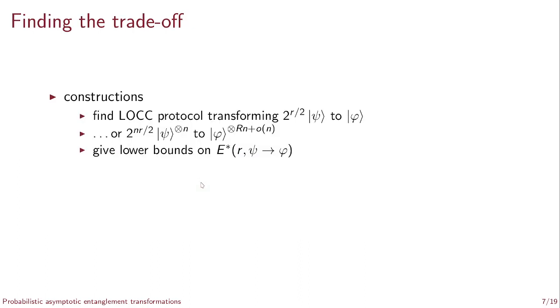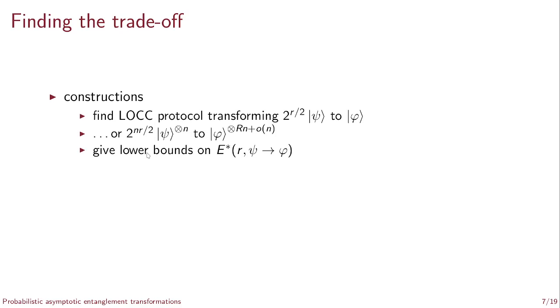So how does one find such a trade-off? There are naturally two ways to attack this problem. One of them is to find constructions, that is LOCC protocols transforming psi to phi with a certain probability, or with many copies, like transforming n copies of phi to r times n copies of phi with success probability roughly 2 to minus r times n.